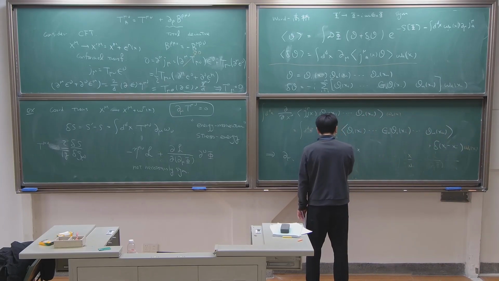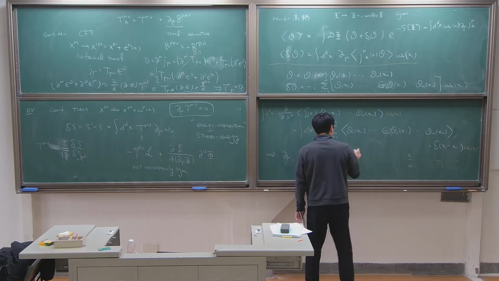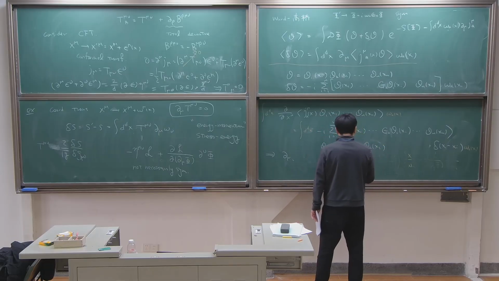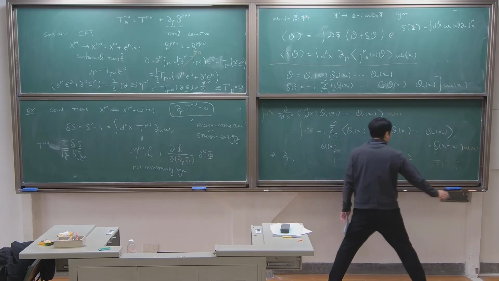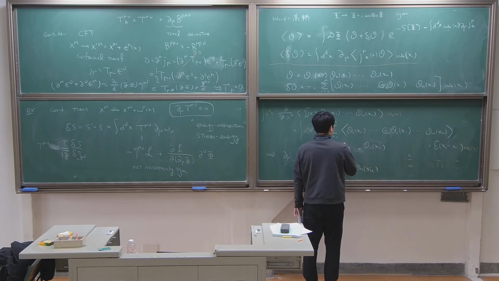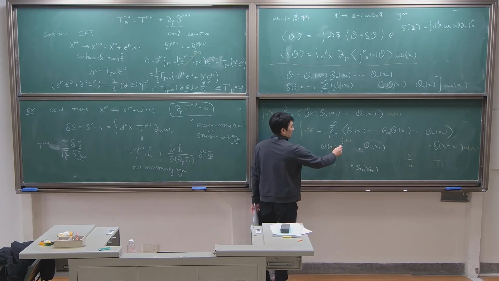The intuitive way of understanding this: this is O1 at x1, O2 at x2, and so on, On at xn, and then there's an operator j A, which is also another operator in quantum field theory, j mu A of x.